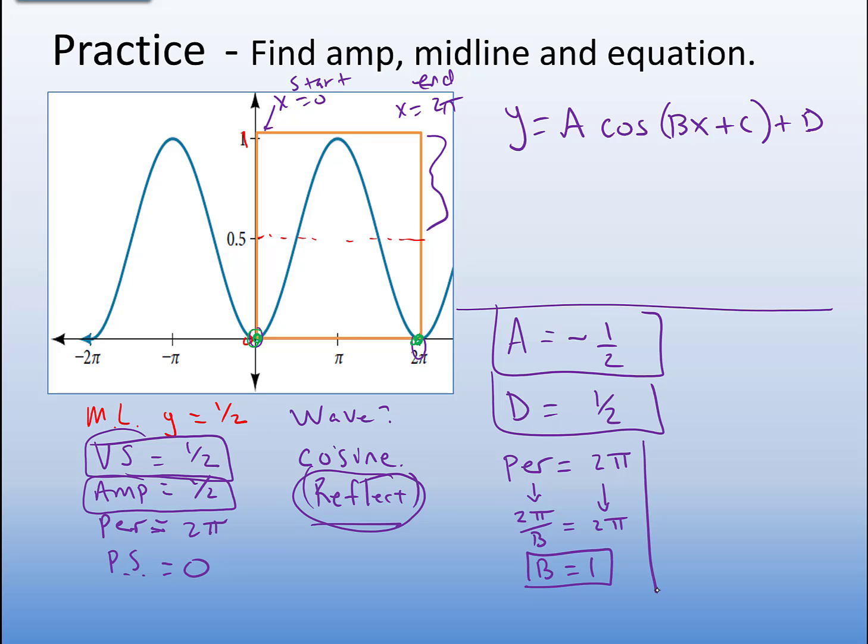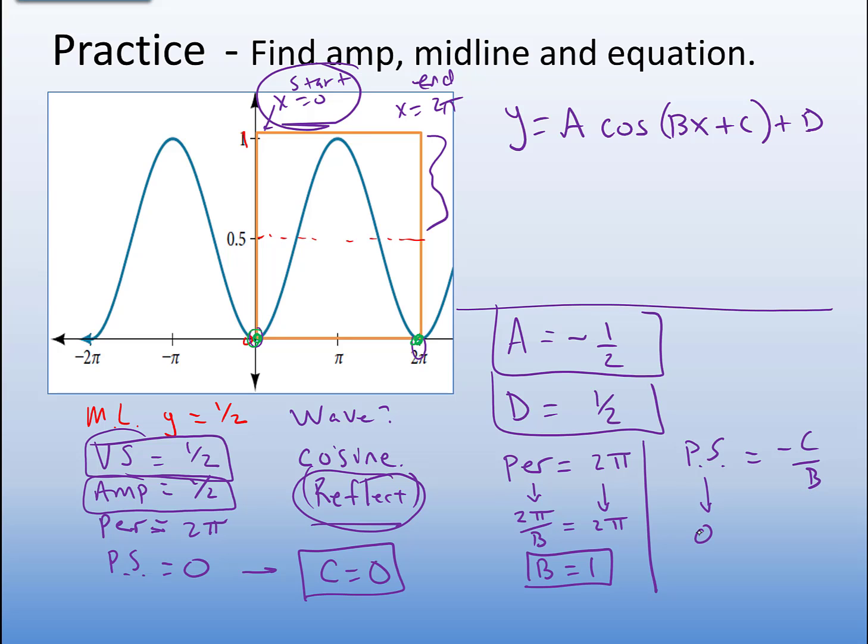So one more parameter. Now, since there is no phase shift, we started at x equals 0. Intuitively, you may realize, oh, c equals 0. I'm just going to reinforce that algebraically, though. Phase shift has a formula, negative c over b.